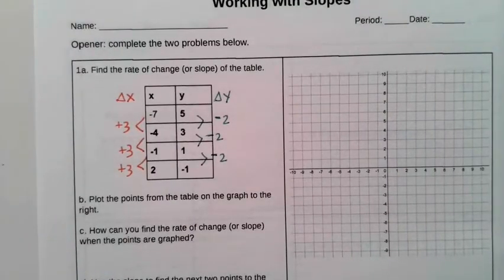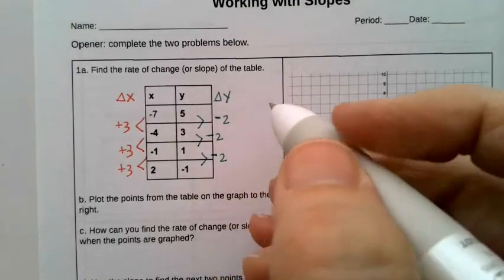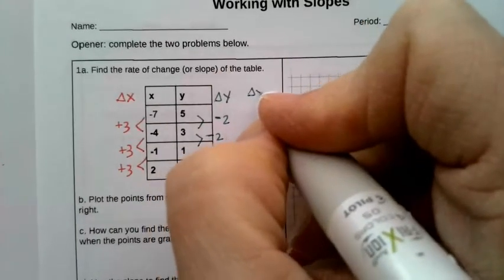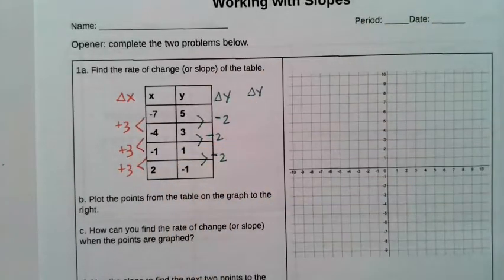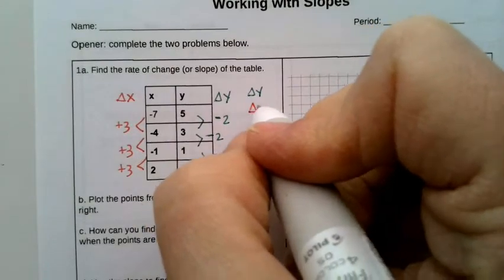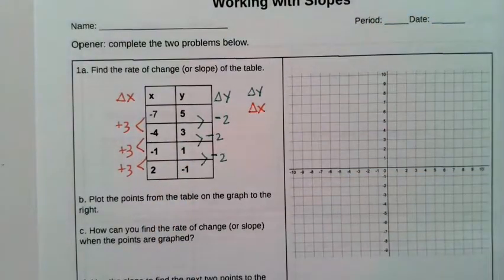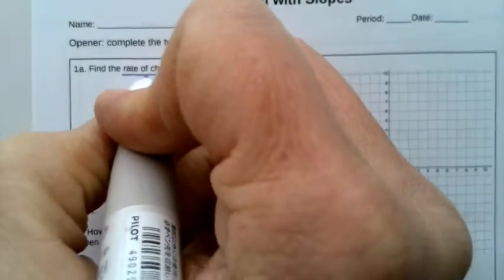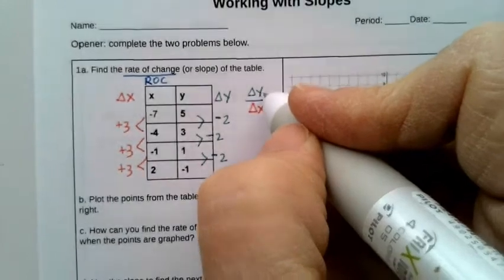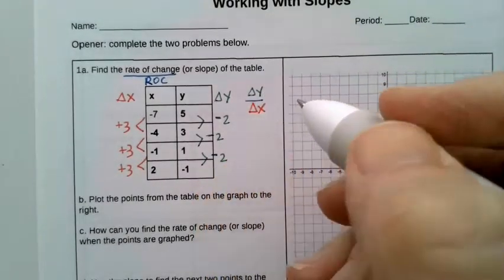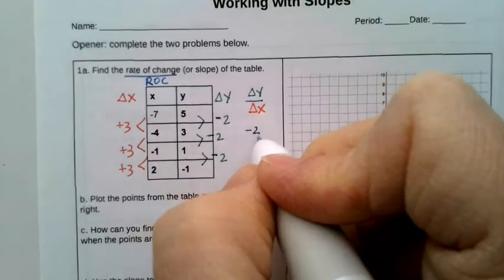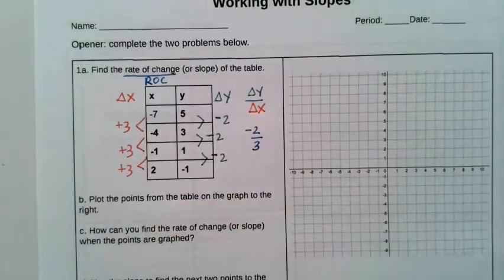When I need to find my rate of change or slope, that is the change in y over the change in x. The rate of change, which we often abbreviate as ROC, or slope, is change in y over the change in x. In this case, it's going to be -2 over 3, or -2/3.